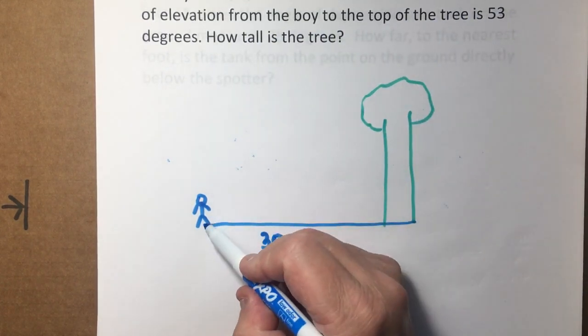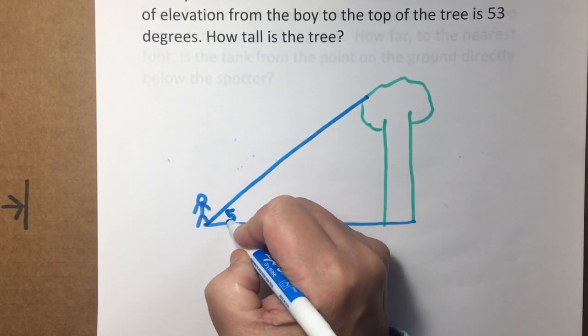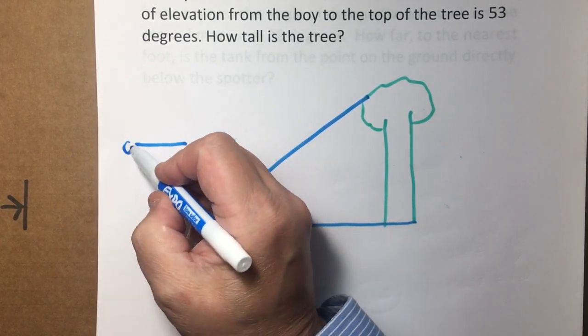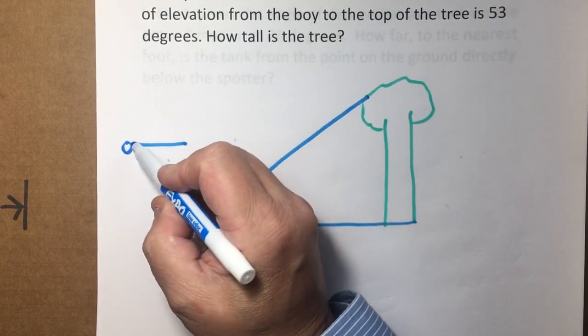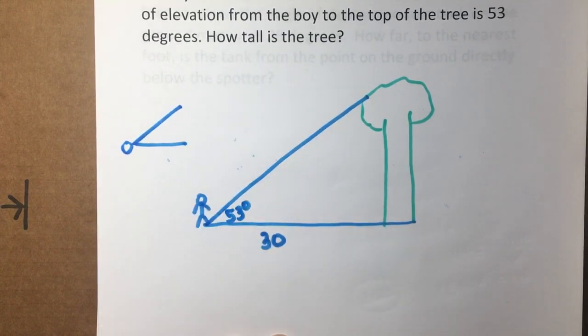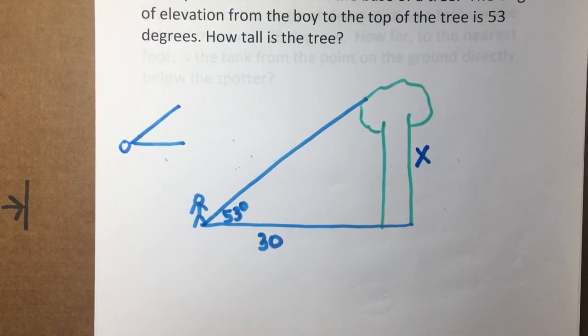In other words, if the boy wants to look up to the top of the tree, he has to raise his head 53 degrees. He wants to see how tall the tree is without actually having to climb the tree.